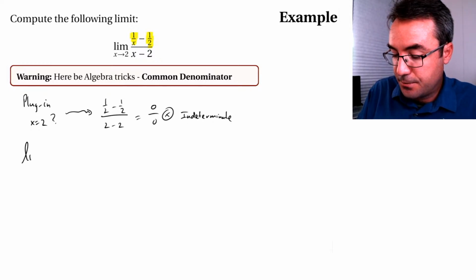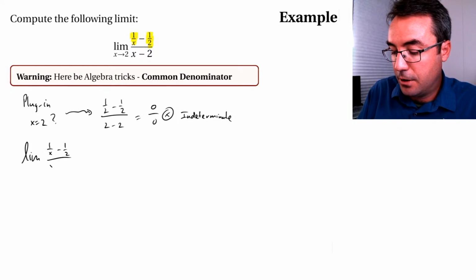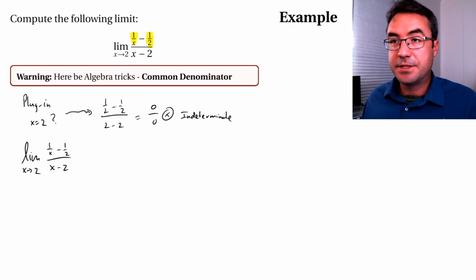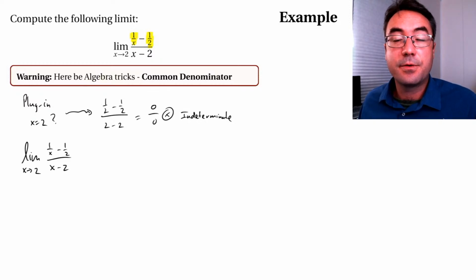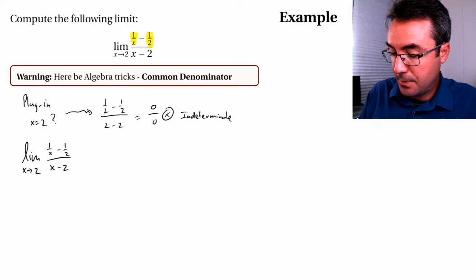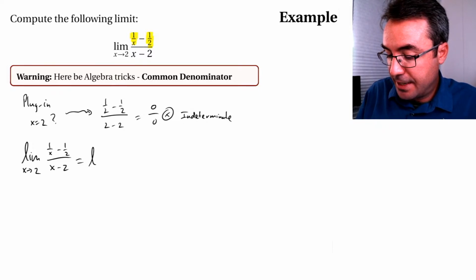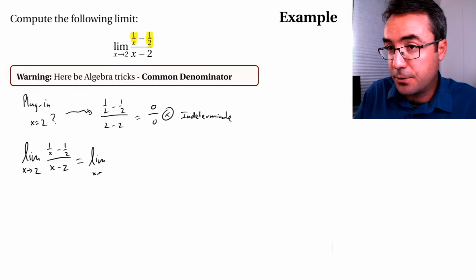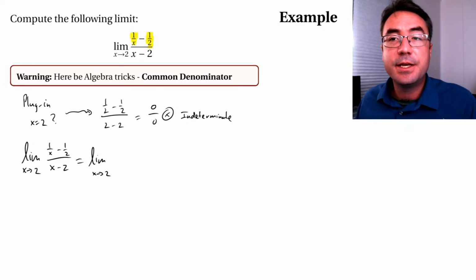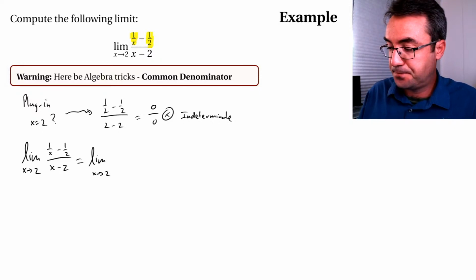All right, so let's rewrite our limit here. Limit of 1 over x minus 1/2, all over x minus 2, as x approaches 2. And let's get a common denominator for those two little fractions up top. So we're going to rewrite this as the limit as x approaches 2, and our common denominator is just going to be 2x.